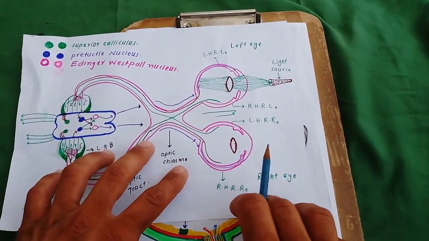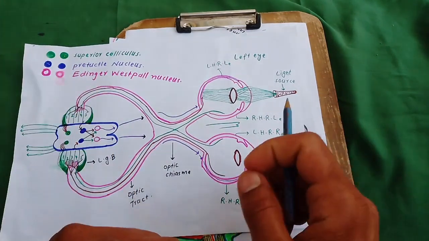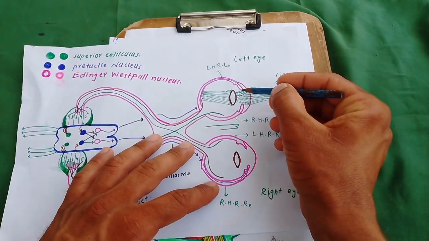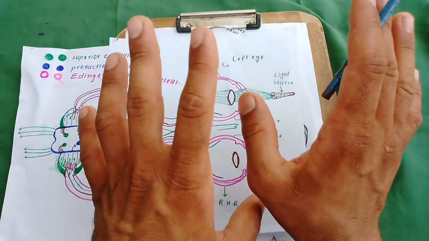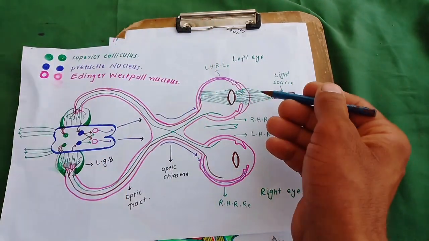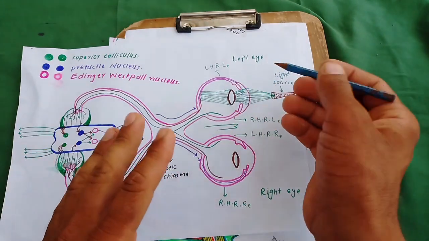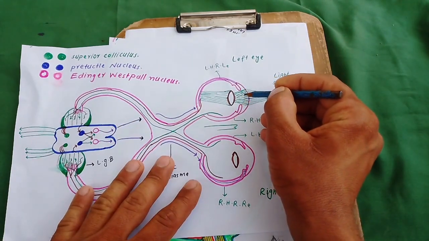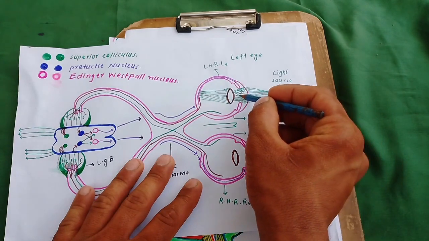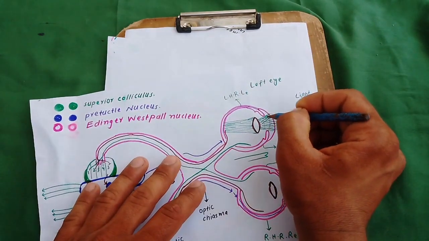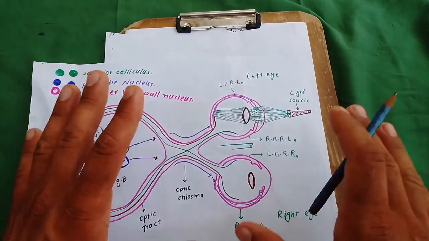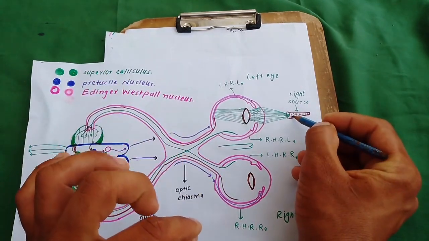Look at this diagram. Suppose this is the size of the pupil in the normal condition. Here I made a little bit of a mistake, but this is the size of the pupil during the absence of the light. Suppose this is the light source.